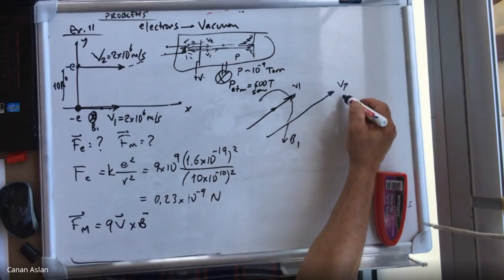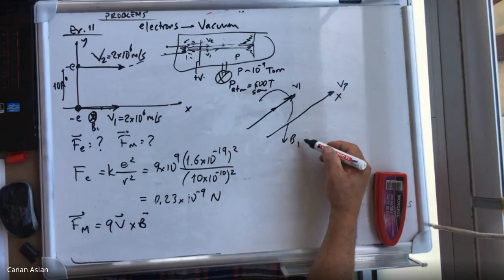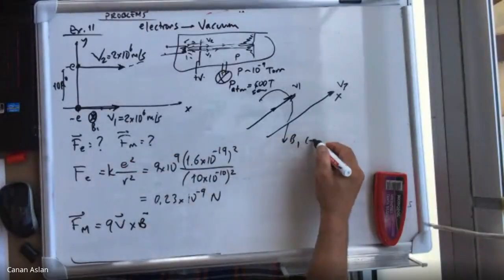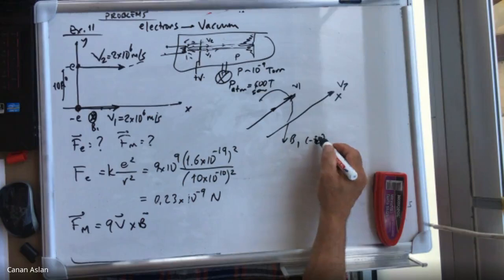Don't forget, this is the X direction, X, Y, Z, this is the minus Z direction, minus K.